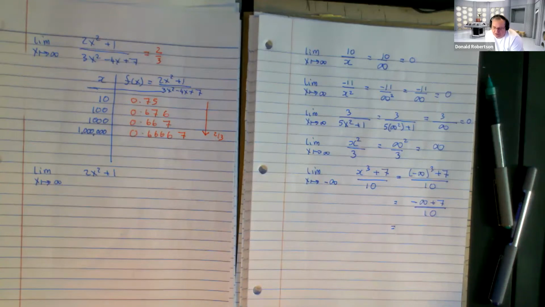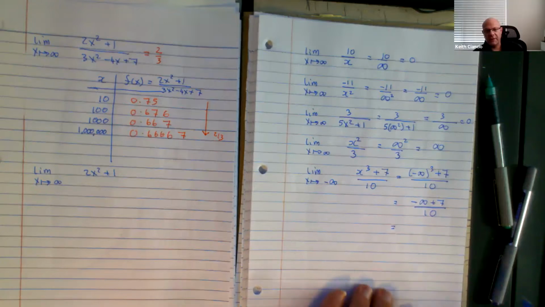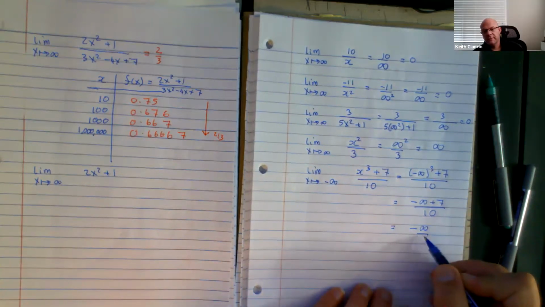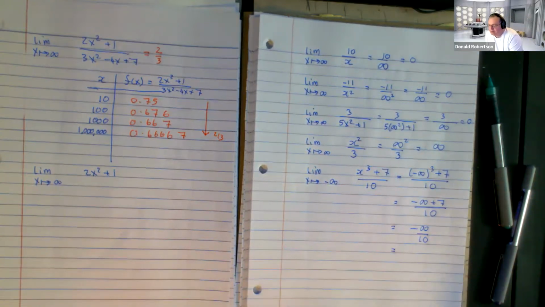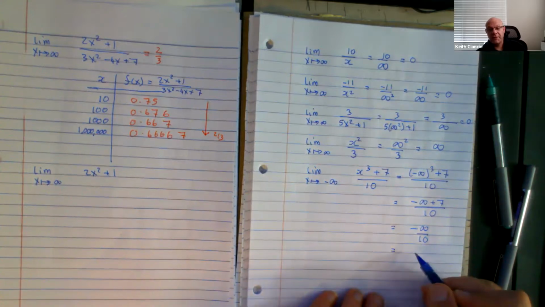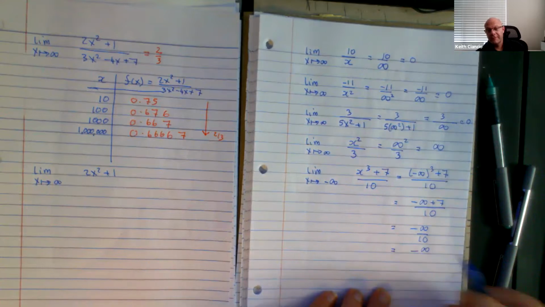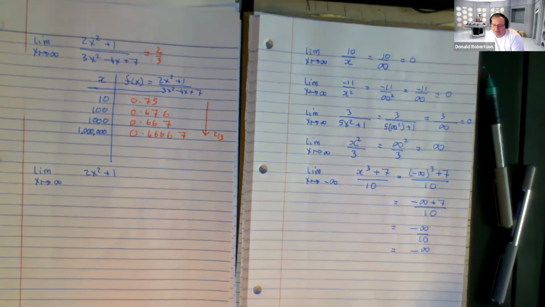What do you get if you take negative infinity and just add 7 to it? You still have negative infinity. And what would happen if you took negative infinity and divided it by 10? You're going to get a tenth of negative infinity, so you get negative infinity.